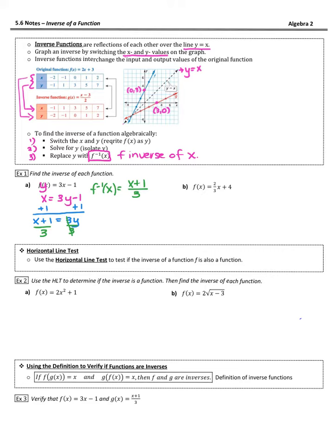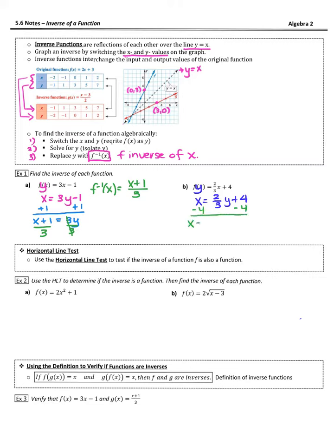If we were to graph each of them, they would be a reflection over the line y equals x. All right, let's just go ahead and try one more. So remember, the first thing you do, if it's written as f of x, just go ahead and call that y. We switch our x and our y, so this will be x equals 2/3 y plus 4. And the first thing we'll do is subtract 4 from both sides.